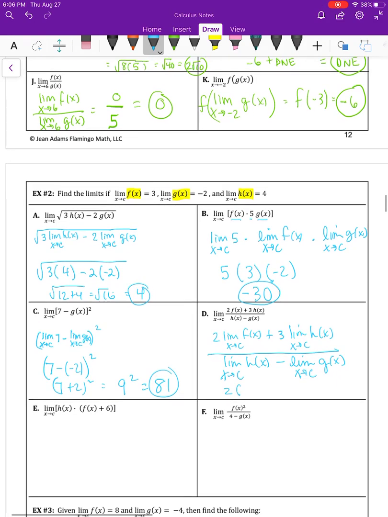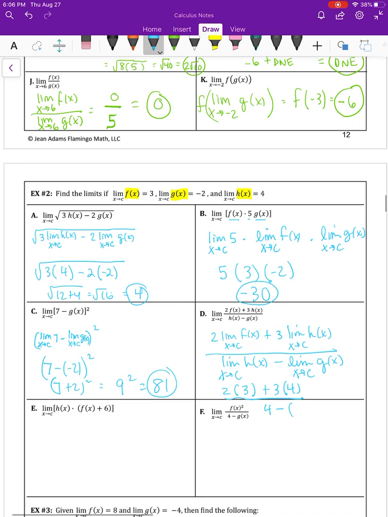So this is going to give us 2 times our f of x was 3 plus 3 times our h of x is 4 divided by our h of x is 4 minus our g of x, a minus 2. So 6 plus 12 over 4 plus 2. So 18 over 6 is 3.